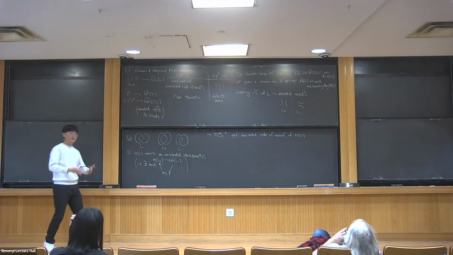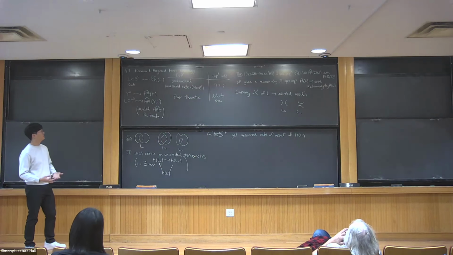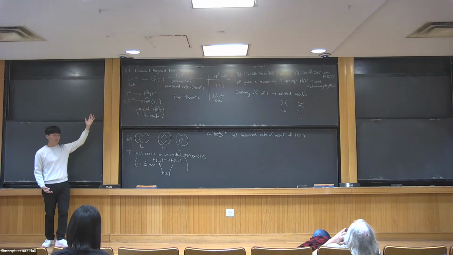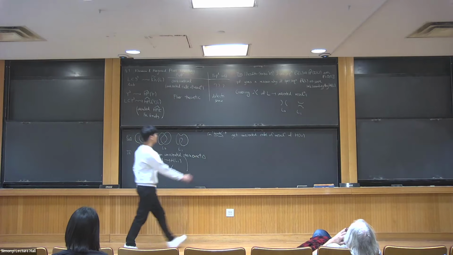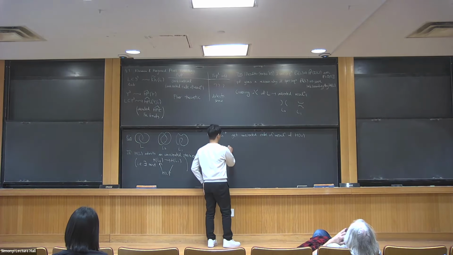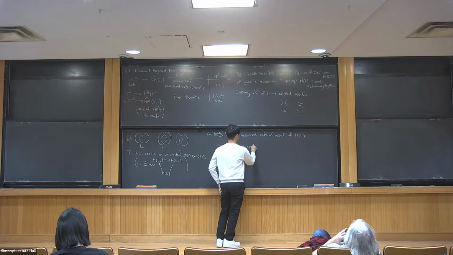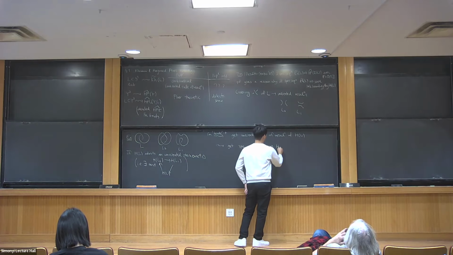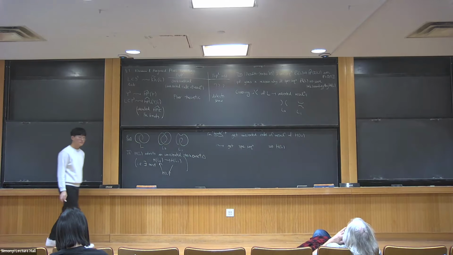And this will be like the unoriented cube of resolutions for Khovanov homology, but maybe with extra differentials. And so you get a spectral sequence to your wanted link homology theory, H of L.